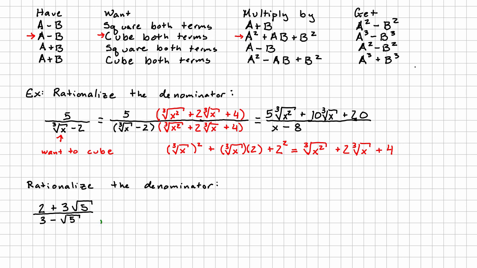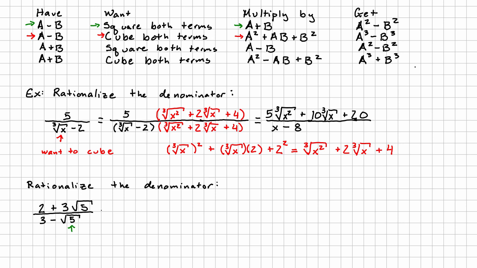Okay, so in my denominator, I have a root 5. That's the square root of 5. So I have a difference, and I want to square both terms. So that means I need to multiply by the same two terms, but adding, not subtracting.